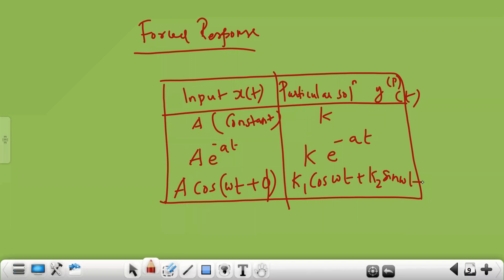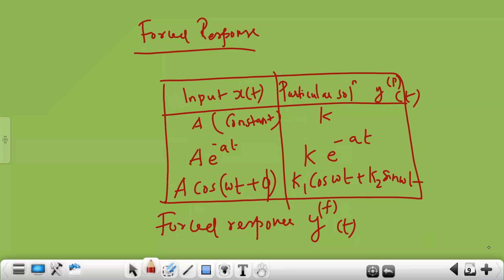Now forced response, all of you take down. Forced response can be represented as yf of t. yf of t is equal to natural response yn of t plus the particular solution yp of t.